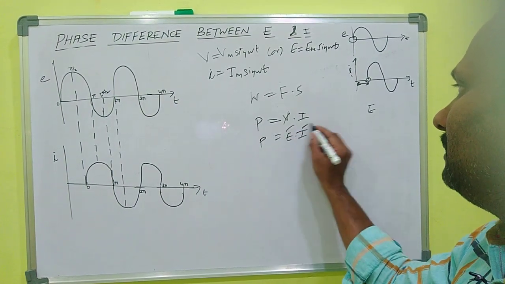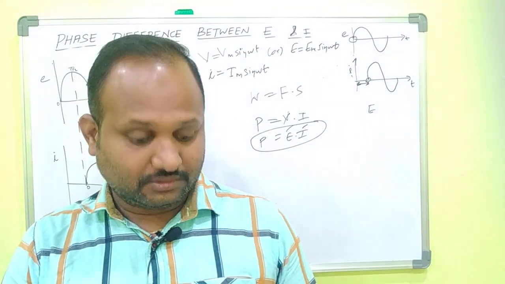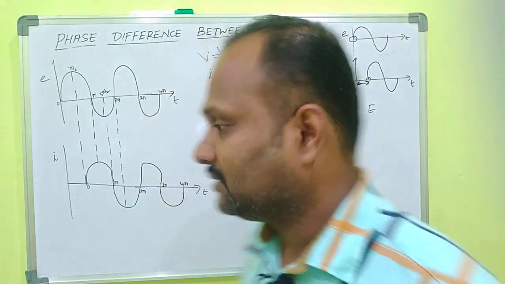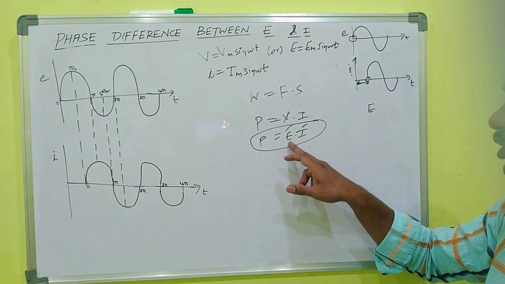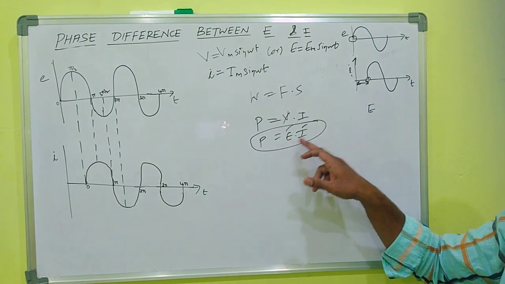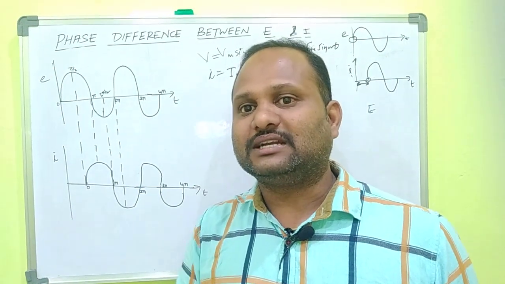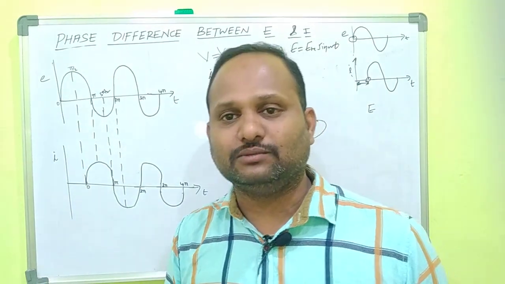When both of them are present, the power starts in the circuit, otherwise the power will be 0. When the power is produced, that means both EMF and current are present in the circuit. That is the condition needed. If any one of them is 0, the power will be 0.